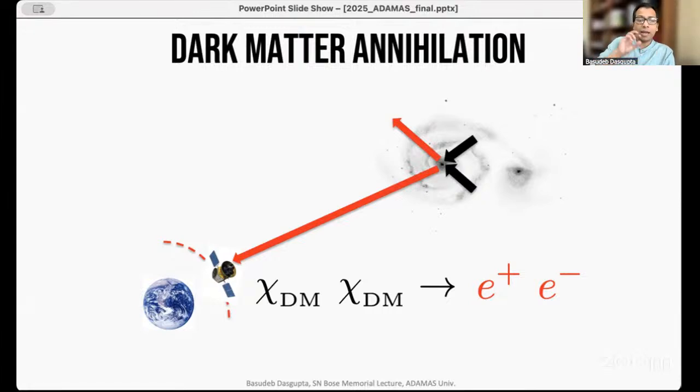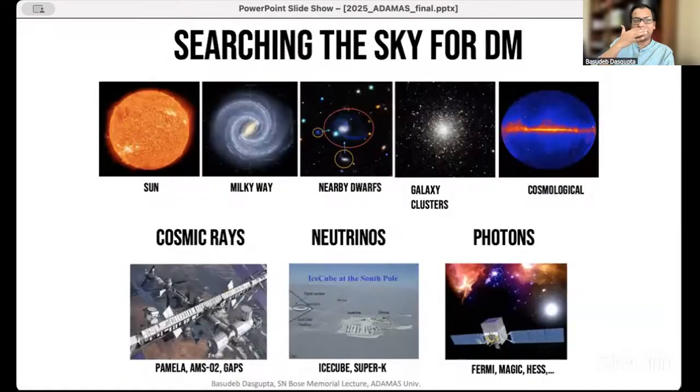And by trying to look for these annihilation products of dark matter, you can also search for dark matter. So this has, of course, been tried using a variety of different sources for dark matter. So the sun, the Milky Way, nearby galaxies, and what have you.